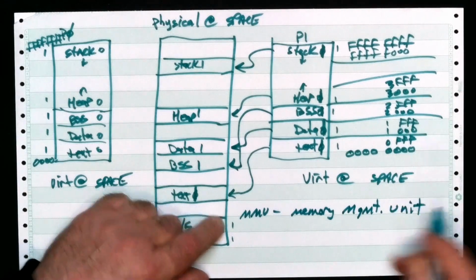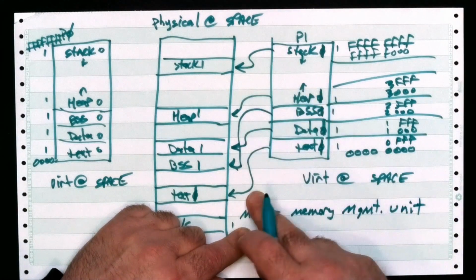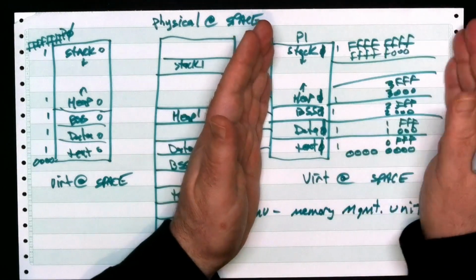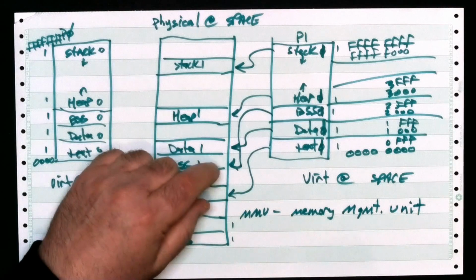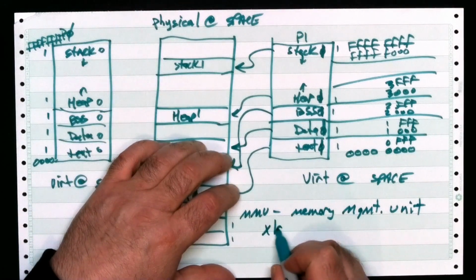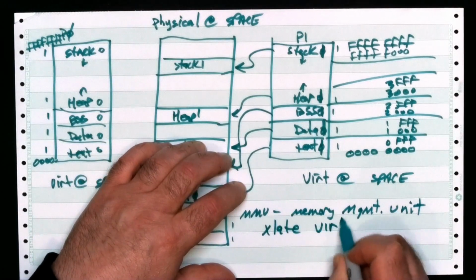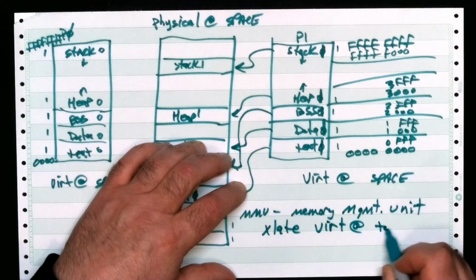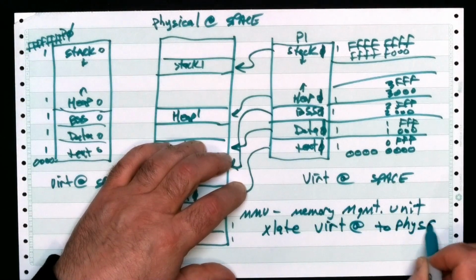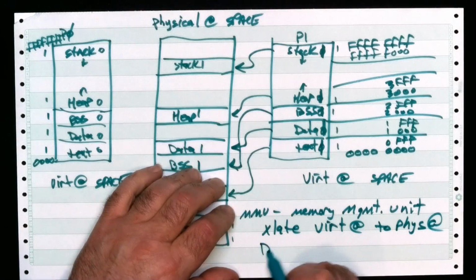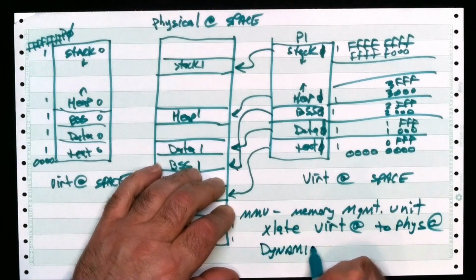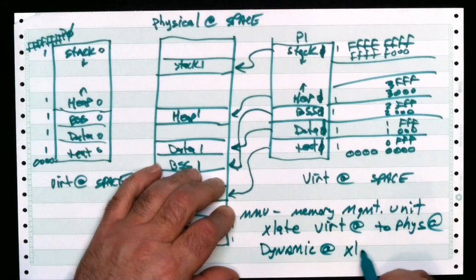What it does is it translates these virtual memory addresses to physical memory addresses, right? And the process of doing this is called dynamic address translation.